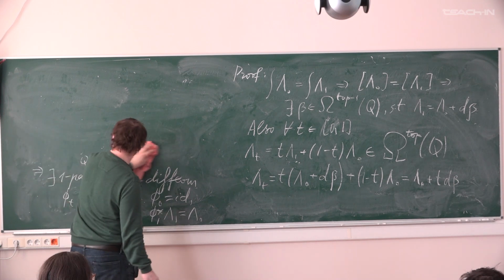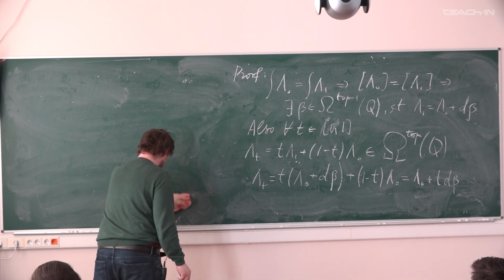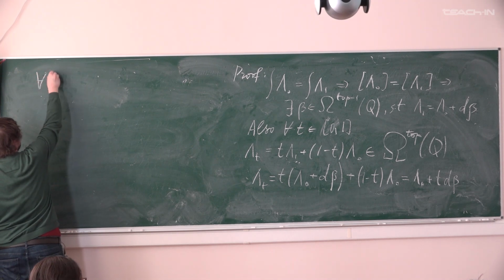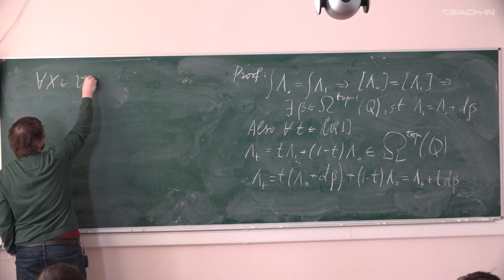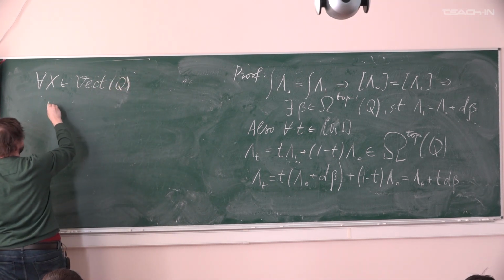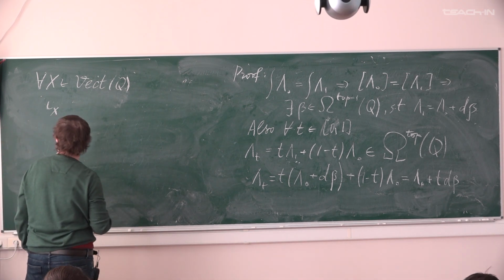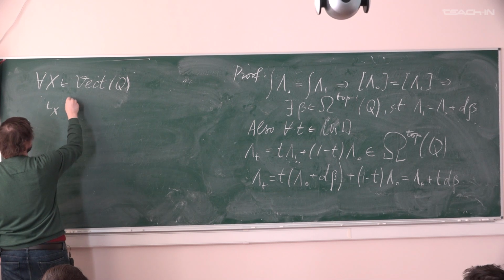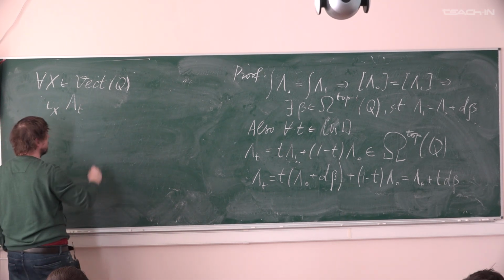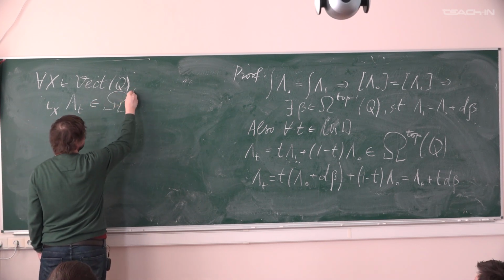Now, consider for every vector field x on Q, the contraction of x with lambda t. It will give you some differential form of codimension 1.